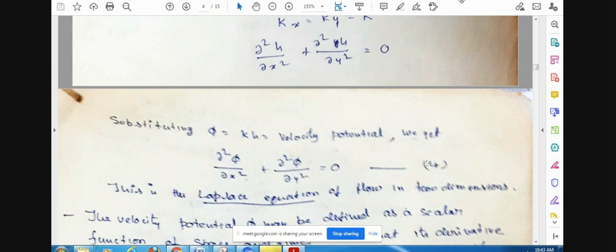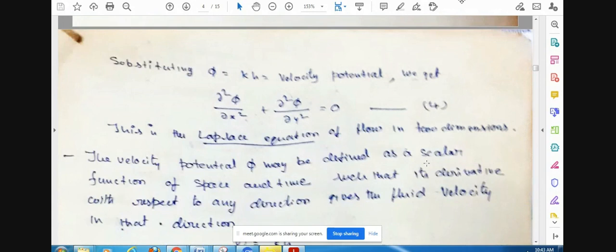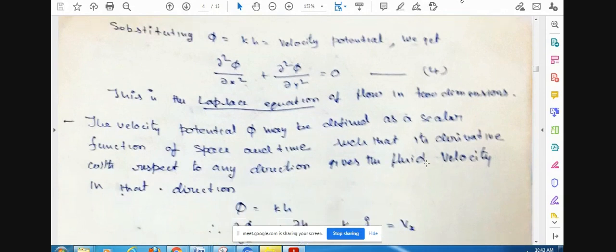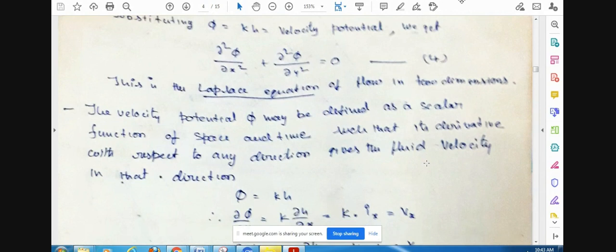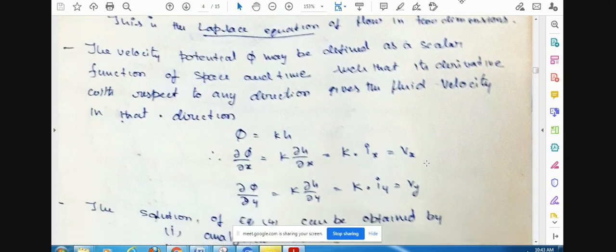So this is the final equation that is called the Laplace equation of flow. The velocity potential may be determined as a scalar function of space and time, such that its derivative with respect to any direction gives the fluid velocity in that direction, right? So this is the Laplace equation.